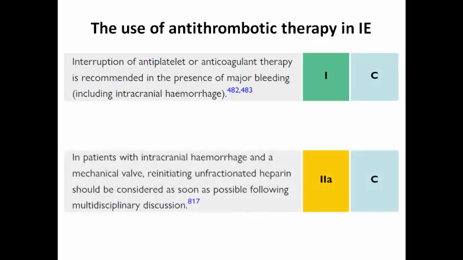And in those with intracranial hemorrhage and a mechanical valve, the decision to reinitiate unfractionated heparin should be considered as soon as possible, but after a multidisciplinary discussion to decide whether to start them early or delay starting anticoagulation according to the neurological status.